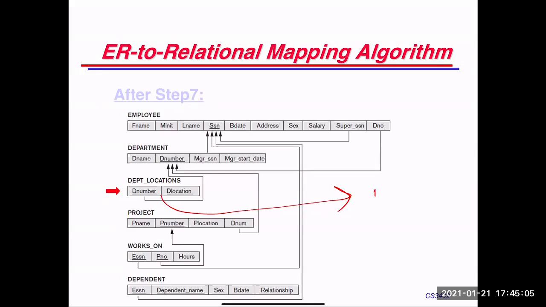So department 1 might have a location Hong Kong, and department 1 might also have a location Singapore, and so on. So this is how you basically model a multi-valued attribute. Does that make it clear?